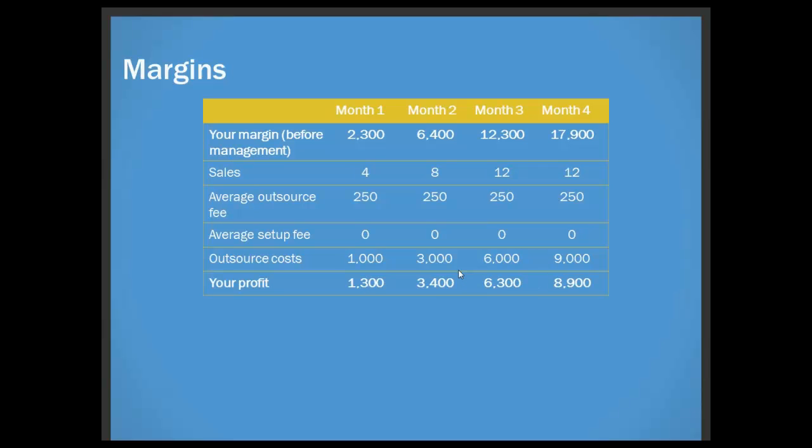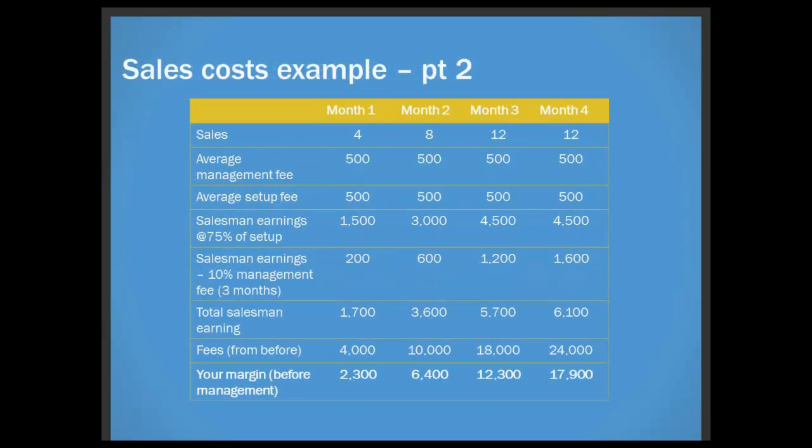Month two, same again. You're now up to $3,000 of outsource costs because you've now got 12 clients in total, but you've still got $3,400 income coming in. And bear in mind, if I flip back a couple of slides, to get that, if you've used a salesperson, you have paid $3,600 out in sales costs.